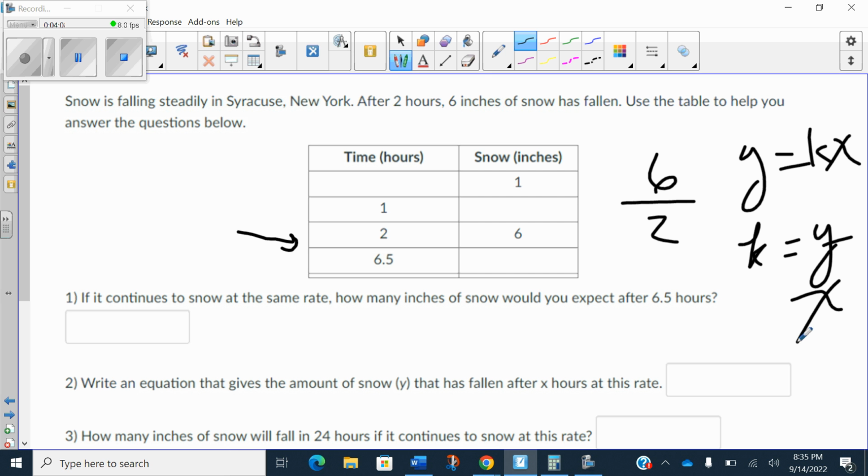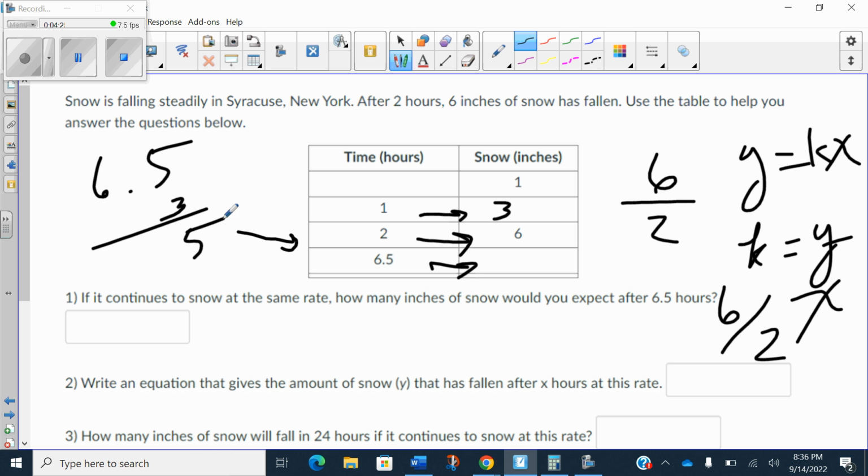So I'm going to divide 6 by 2. 6 divided by 2 is 3. So to get from here to here is times 3. So 1 times 3 is 3. 6.5 times 3, well, 6 times 3 is 18, so it is 19.5.